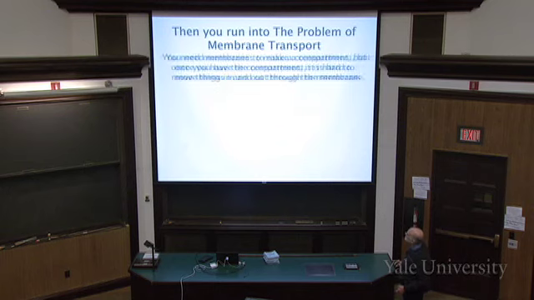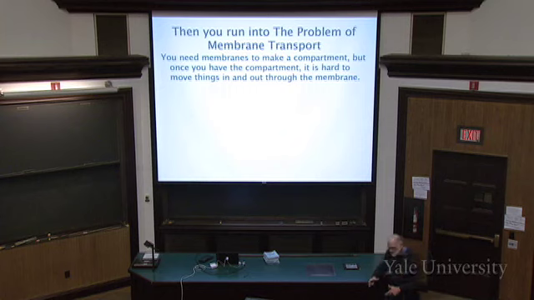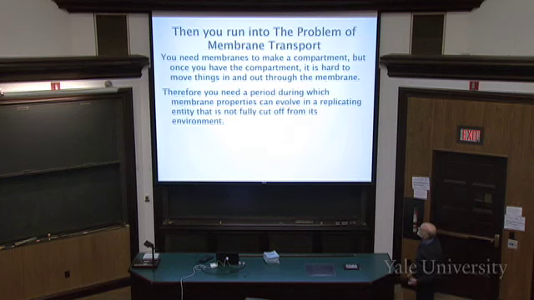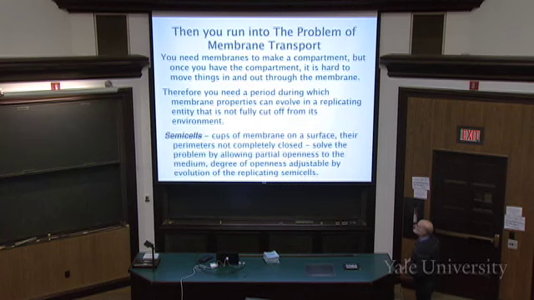That's the problem of membrane transport. You've got to have a membrane. You've got to isolate your reactions so that they can be cooperative and not destabilized by parasites. But once you've isolated them, then you have the problem of moving things in and out through the membrane. So there's got to be a period back at the origin of life during which membrane properties can evolve, and that in a replicating entity that's not yet fully cut off from its environment.